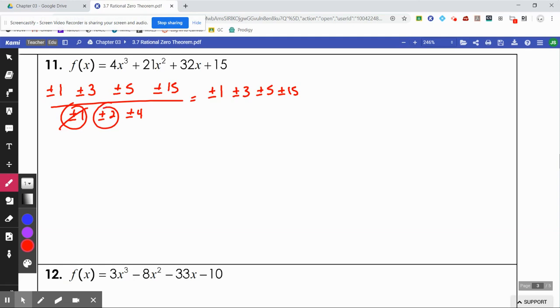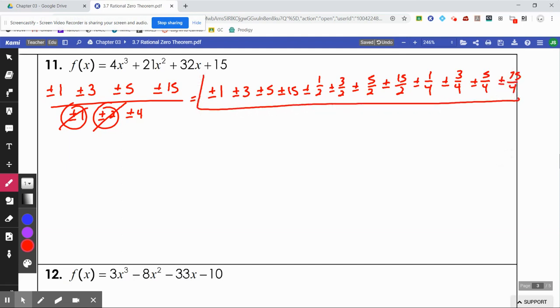Everything over 2 will be plus and minus 1/2, 3 halves, 5 halves, and 15 halves. And then finally, everything over 4 will be plus and minus 1/4, 3/4, 5/4, and 15/4. So there is a long list of possible rational roots, and we don't like to see this.